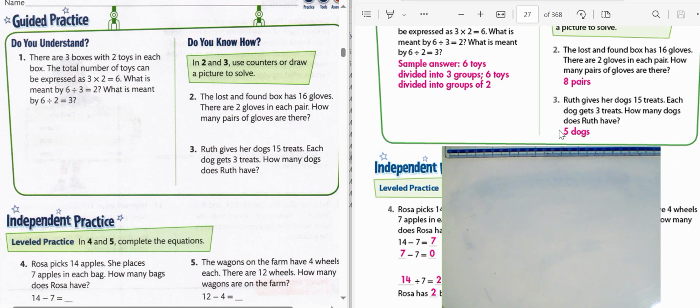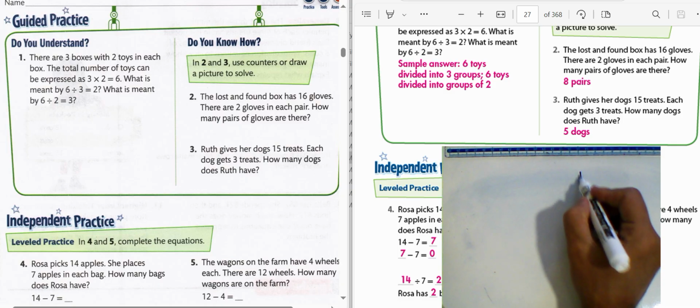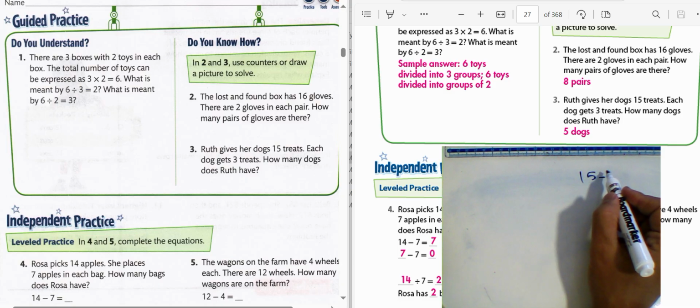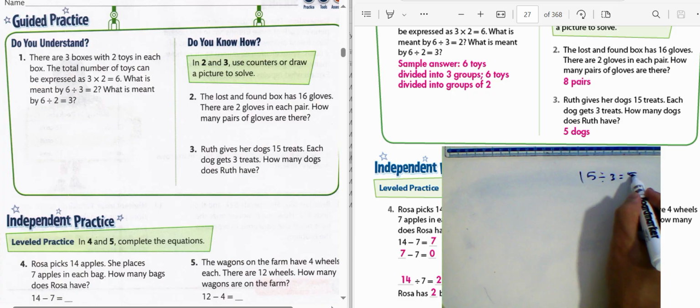Next question number 3. Roth gives her dogs 15 treats. Each dog eats 3 treats. How many dogs does Roth have? We can write 15 divided by 3 using division. 15 divided by 3 equals 5, because 5 times 3 equals 15.